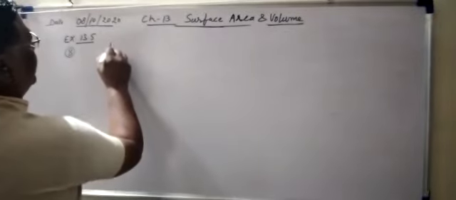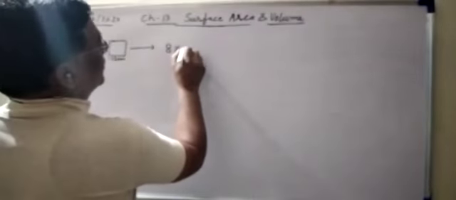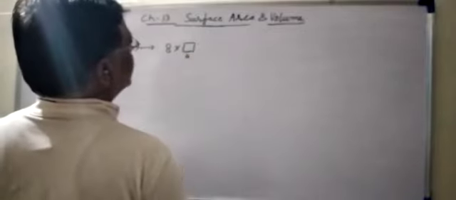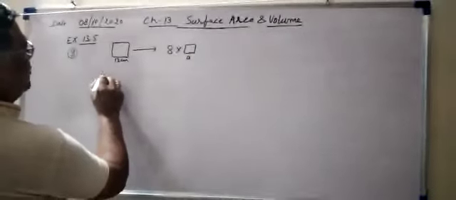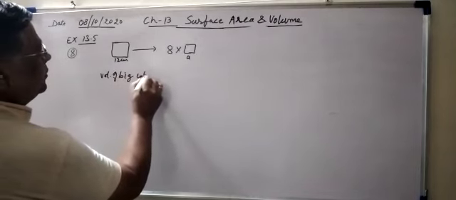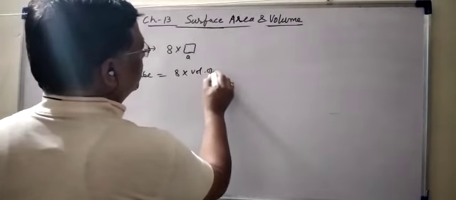So like we have a cube, okay, this is a front face of the cube which has 12 centimeter long side. This has to be cut into 8 small cubes. So volume of big cube equals to 8 into volume of a small cube.